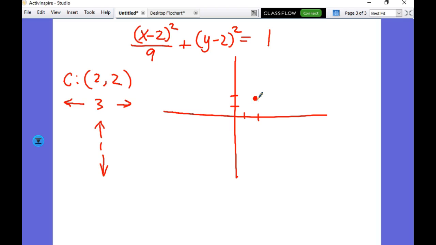I'm going to go left and right 3: 1, 2, 3. 1, 2, 3. Up and down 1. And that's part A. Just graphing, right?